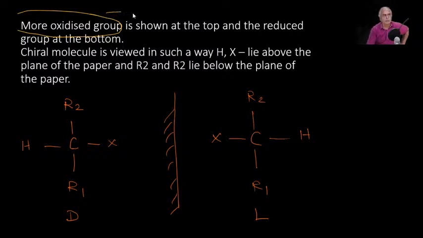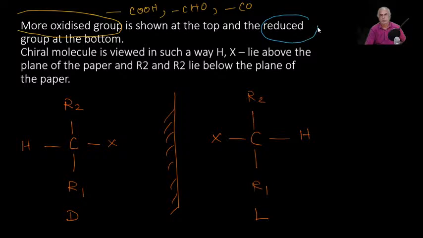Oxidized groups are usually the COOH group, then the CHO group, and then the keto group. Okay? And the reduced groups are this one, the reduced group, that is R1.